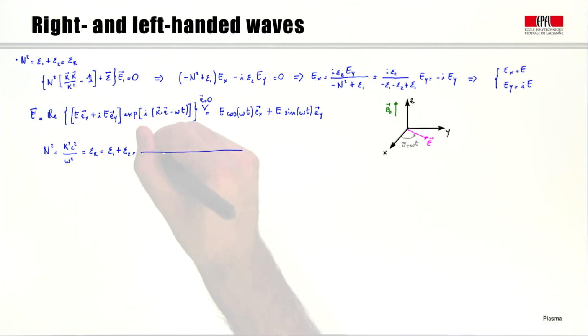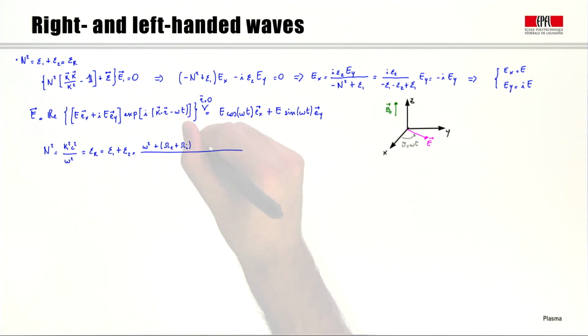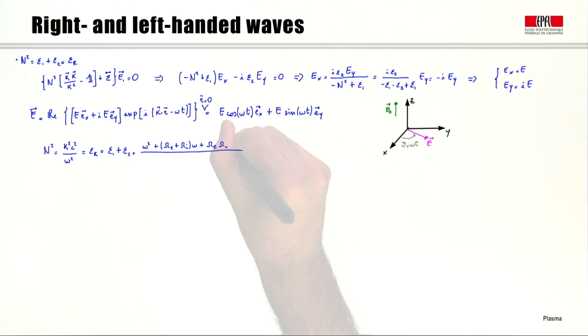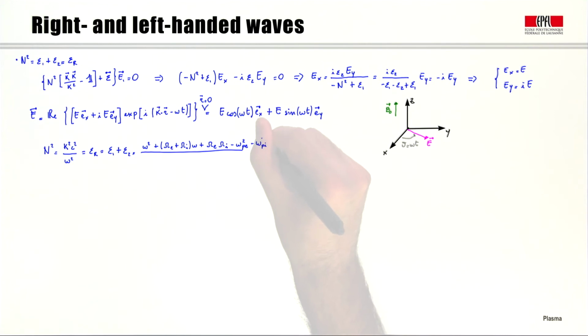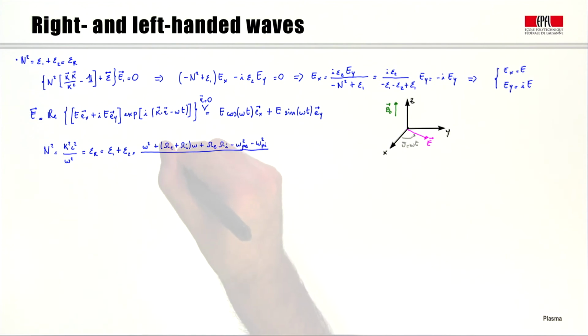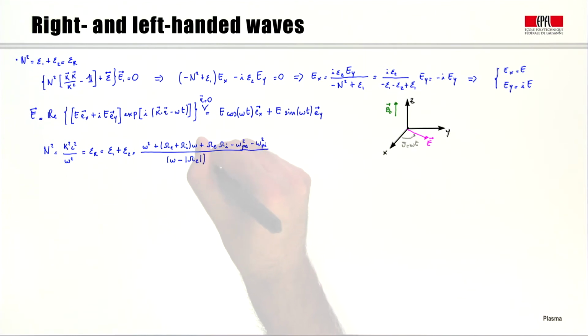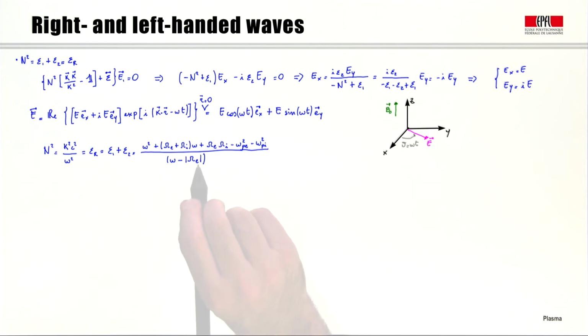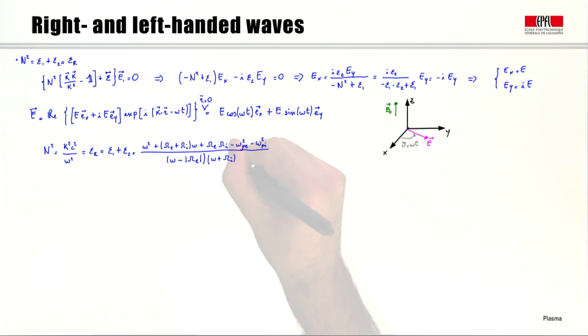Then if you substitute the expressions for epsilon 1 and epsilon 2 that we have seen previously, this will be given by omega squared plus electron and ion cyclotron frequencies divided by, let me just point in evidence that omega e is a negative quantity, so we will take the absolute value and put a minus sign here, and then multiply by omega plus omega cyclotron ions.